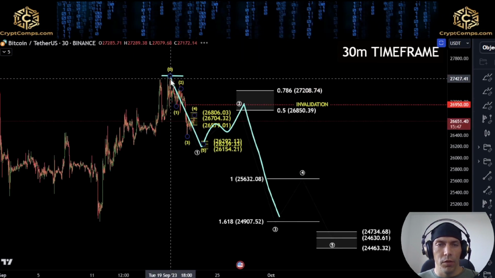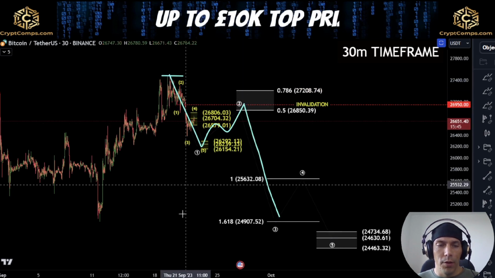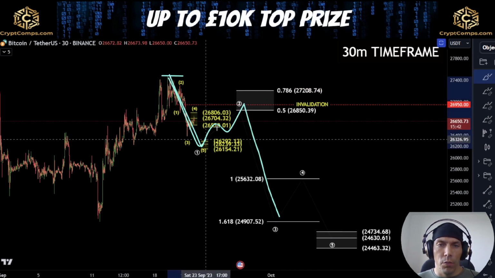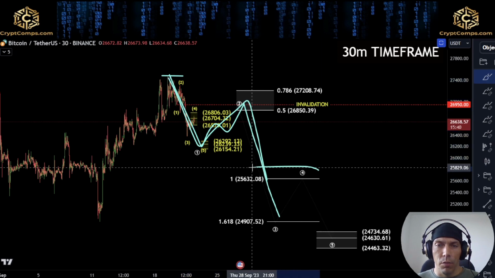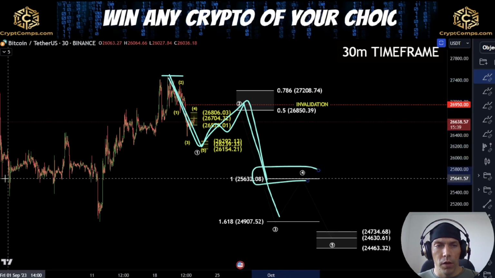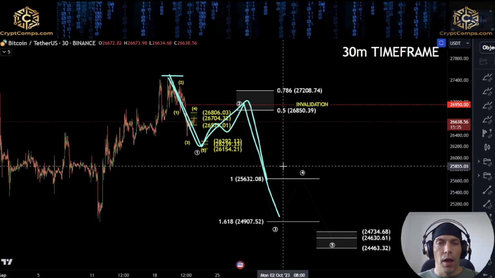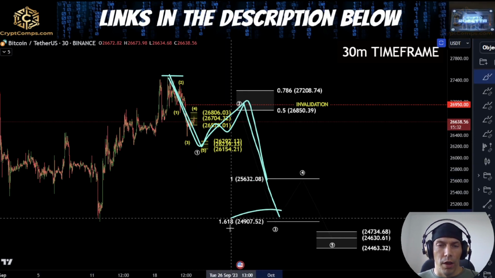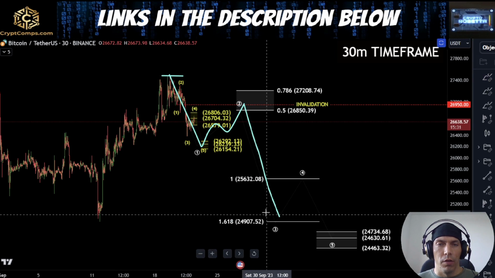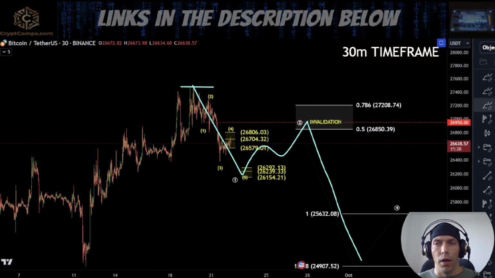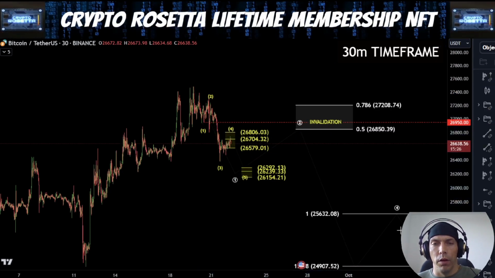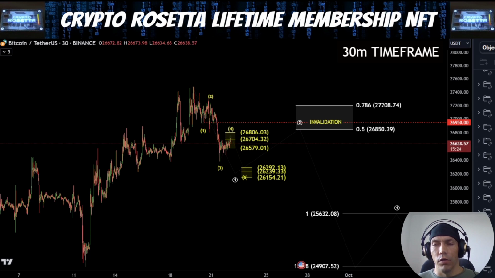So if we do complete this as a 5-wave move down, we'd be looking for either this move to be A, B, and C, in which case we move down to this 1-to-1 level, once again moving into some of these support zones that we've got over here, or alternatively blast through that level looking for this 1.618. That's going to be what I'm looking out for here, to give us more of an indication of which of these counts is in play.